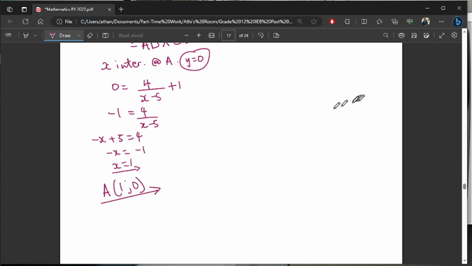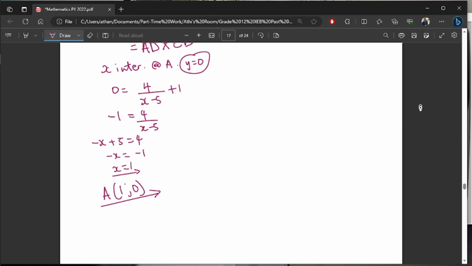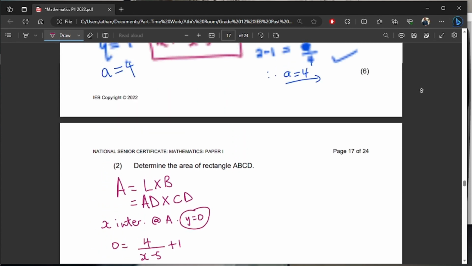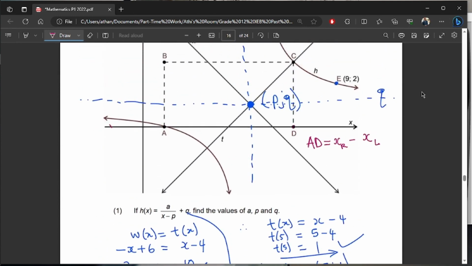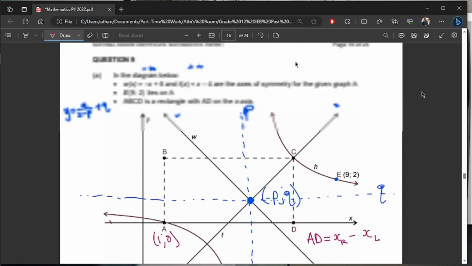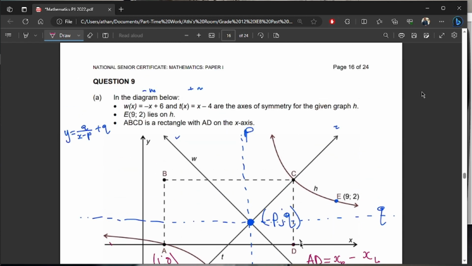Hopefully that makes sense. Moving on to finding the other values. Let's see what we are missing. We said A is (1, 0). Remember, our aim is to get the length of AD as well as the length of CD. So we need D, and then we can get C as well.